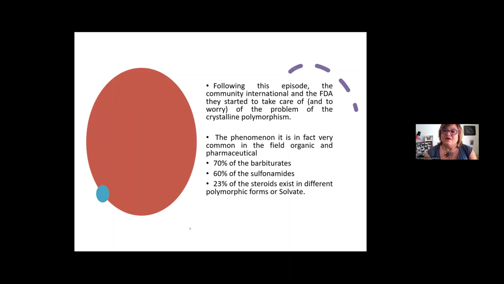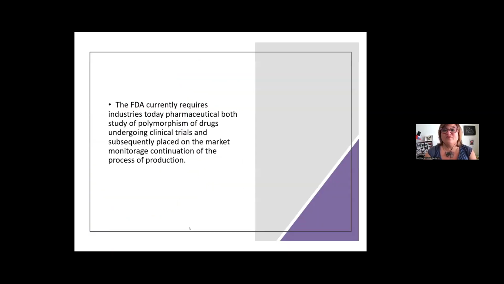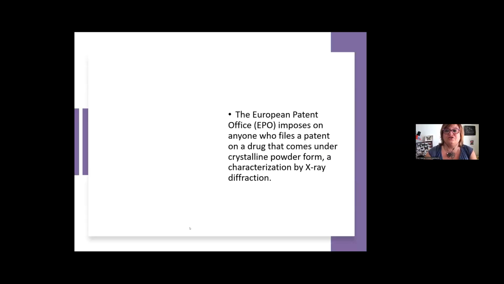And why is it so important for the FDA? Because it's money. They have really strict rules and restrictions before a new drug undergoes clinical trials and before it goes to the market. So they need monitored production.